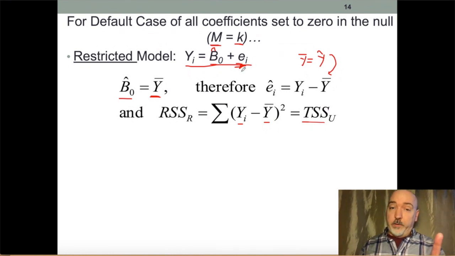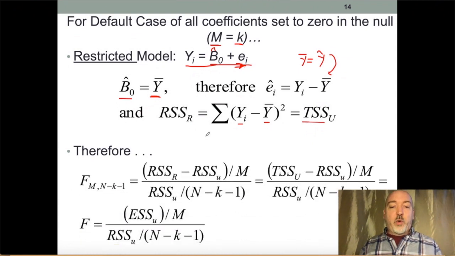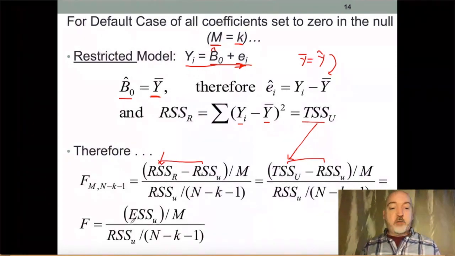So stick with me for another second. What does that mean? If we go back to our formula, where we had this RSS minus RSS, and we plug in TSS for the restricted residual sum of squares, then this should look familiar. The difference between total variation and the variation we can't explain is the explained sum of squares.